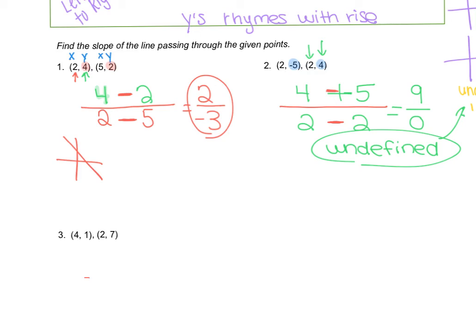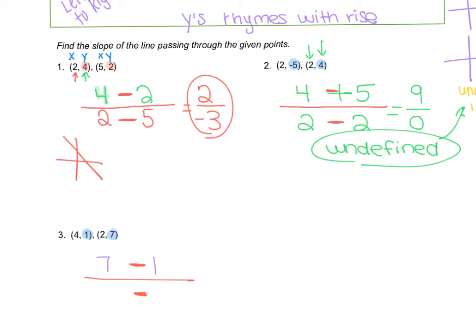All right, third one. Make our fraction bar, our 2 subtraction symbols, and I'm looking at my y's. So I have 1 and I have 7. I am going to do 7 minus 1, because again, I'm just trying to stay positive in life too.